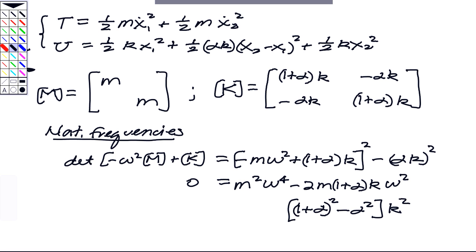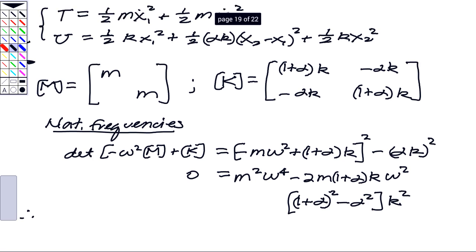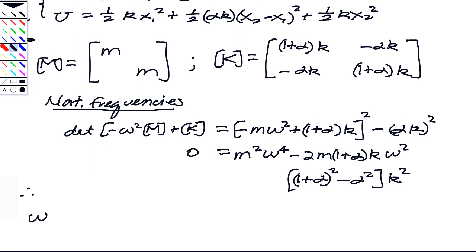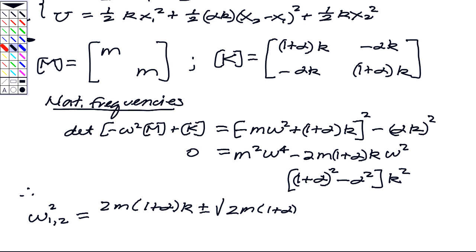So we solve that quadratic equation for the square of our two natural frequencies, omega 1 and omega 2, and I get 2m quantity 1 plus alpha k plus or minus the square root of the 2m 1 plus alpha k, that quantity squared, minus 4 m squared 1 plus 2 alpha.